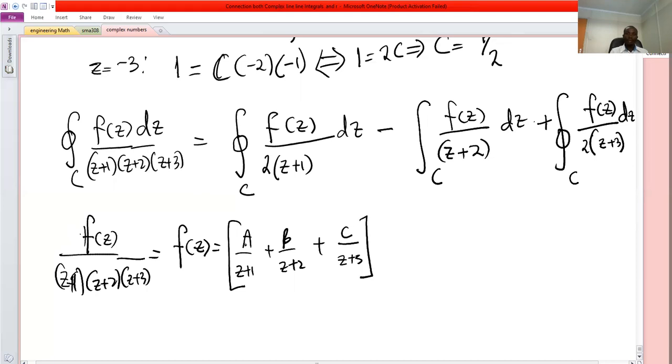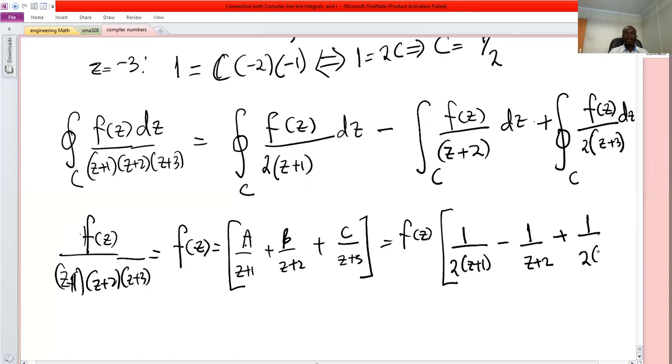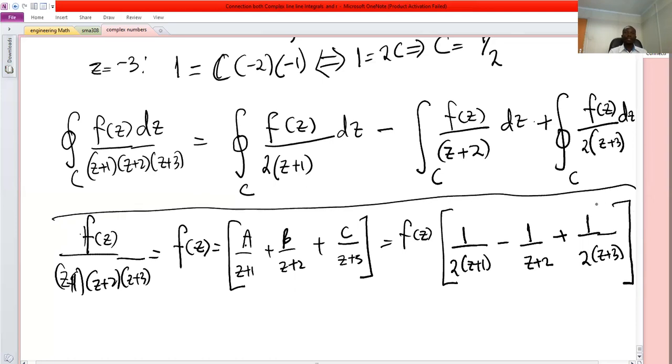Because I've already found a, this is f of z into a half over z plus 1, so 1 over 2 into (z plus 1). B was minus 1, so I have minus 1 over z plus 2. And c was a half, so it's 1 over 2 into (z plus 3). Now, when you multiply every term by f of z and then apply the integration sign, this is what made me write this integration equation here.